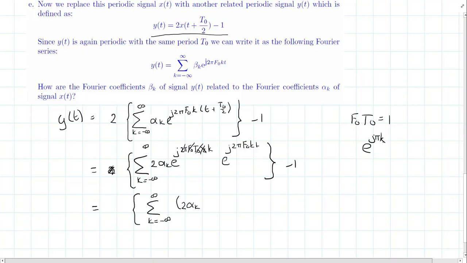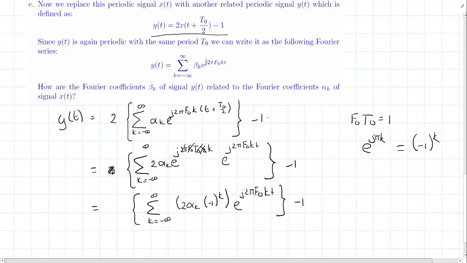However, we have already seen that this is equal to minus 1 to the power k, so minus 1 to the power k e to the power j 2 pi f0 k t, minus 1.